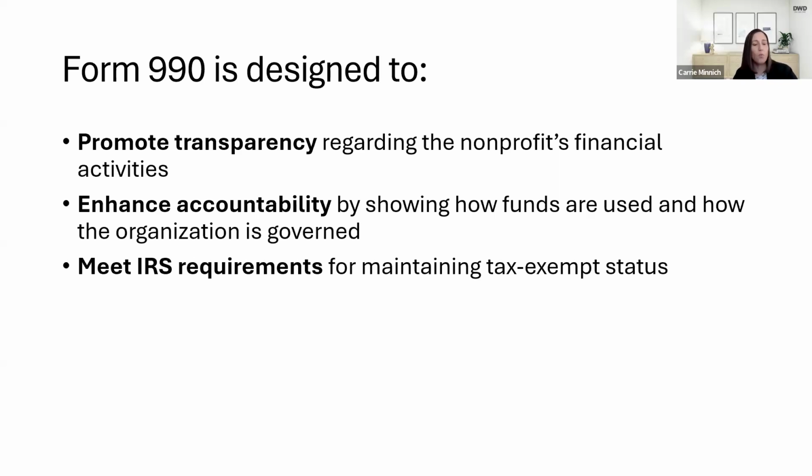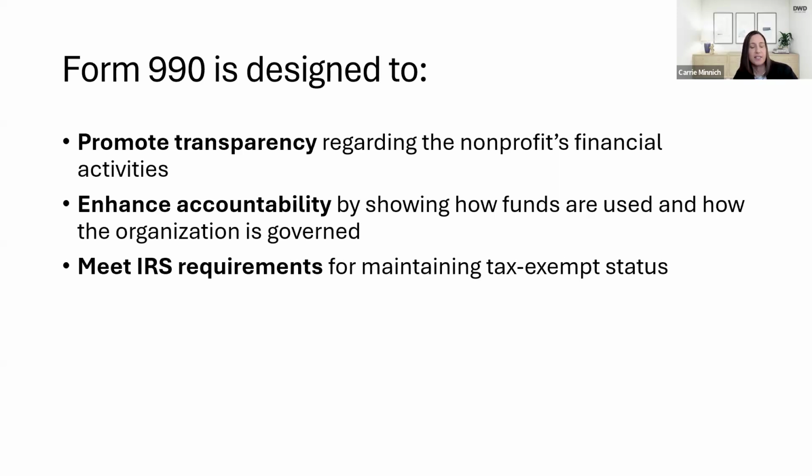So what is Form 990? Again, it's an annual tax return that most tax-exempt organizations have to file. There is a very limited number of organizations that don't have to file it. It includes detailed information about finances, operations, governance, and compliance with IRS regulations. This form is available to the public, so we need to make sure that it is prepared correctly and filed accordingly.